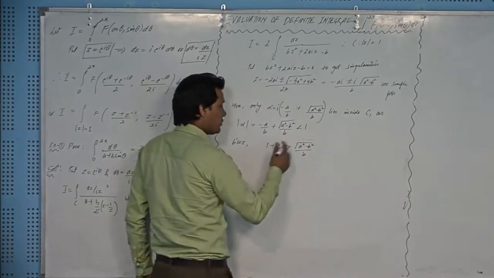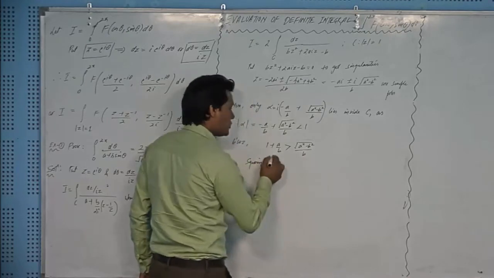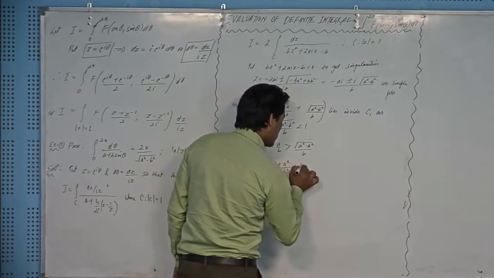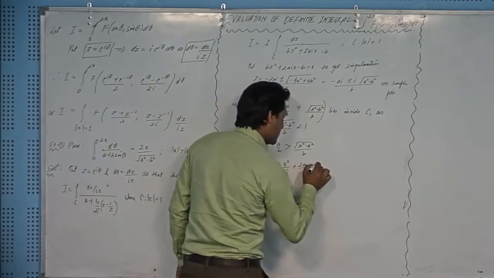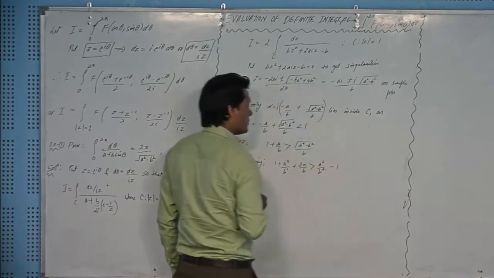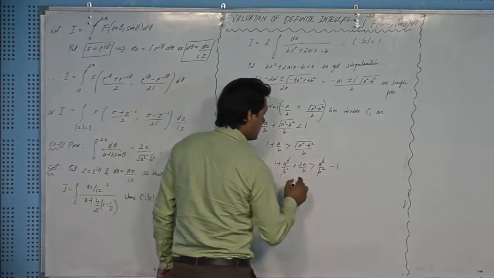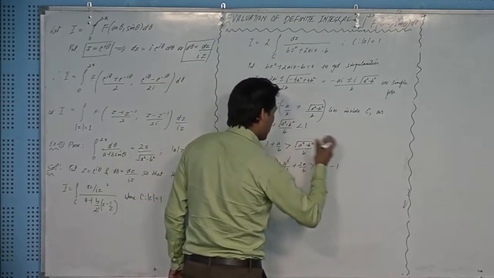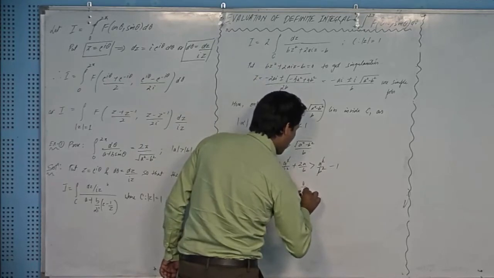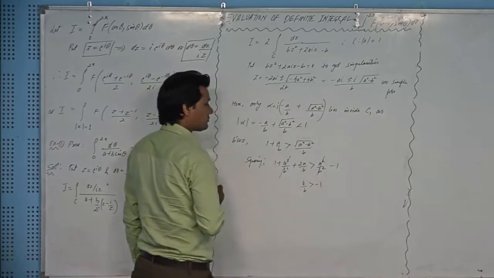Okay, then squaring both sides will give me 1 plus a square over b square plus 2a over b greater than a square over b square minus 1, right? And you can see that this term will be cancelled out, and ultimately we will be left with the 2a by b, and I think that will become a by b greater than minus 1, right?